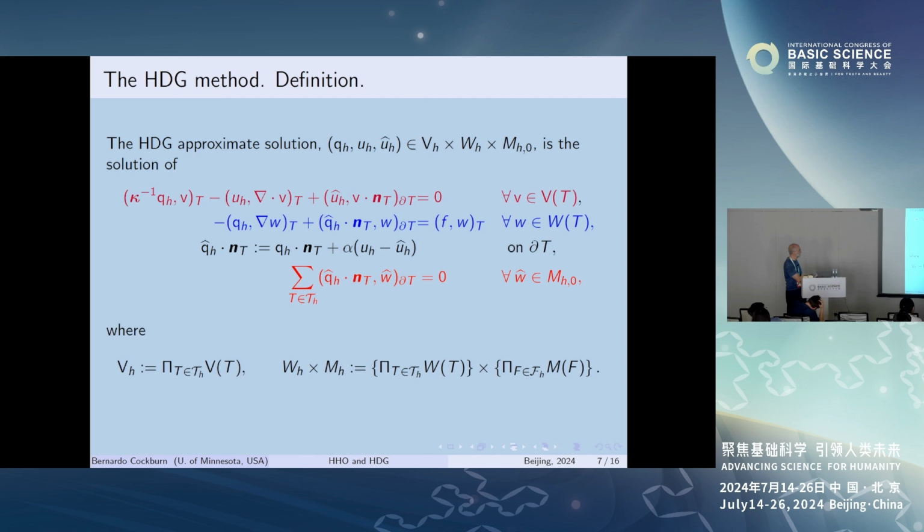So this means that W hat times the jump, Q hat from one side dot n plus Q hat dot n from the other side, has to be 0. This enforces the uniqueness of the numerical flux. Okay. Any question?